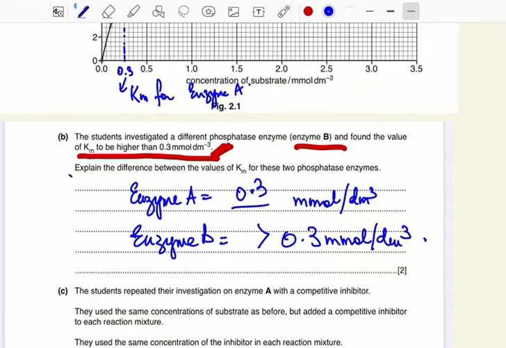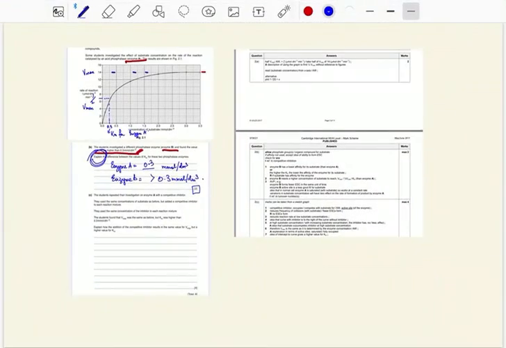So they are asking you to explain the difference between the values. Why is it different? And the marks are 2, right? Let's look at the answer.